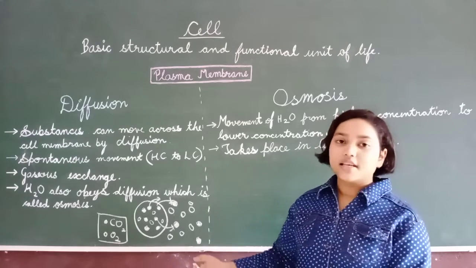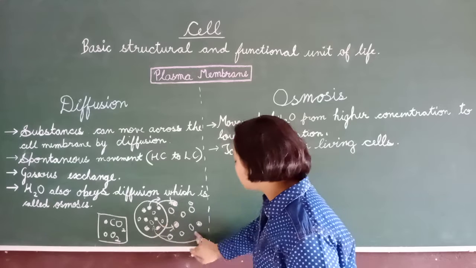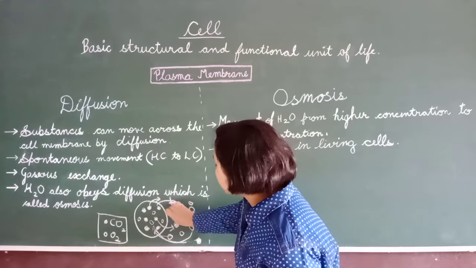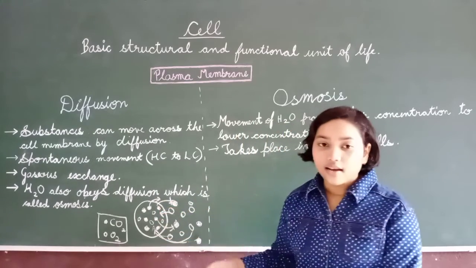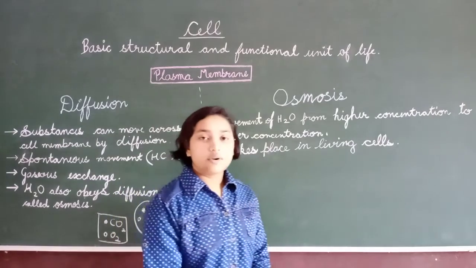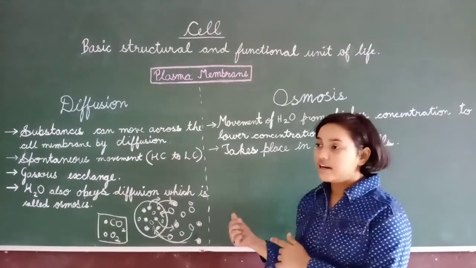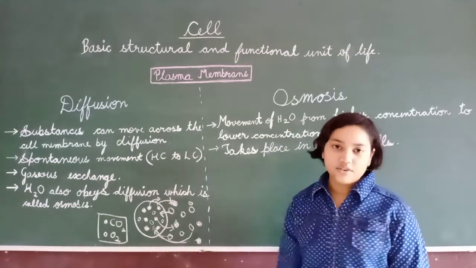To fill these places, the oxygen molecules come inside the cell. Oxygen molecules will come inside and carbon dioxide molecules will go outside, because carbon dioxide is a waste which is thrown out of our body, often by our individual cells. This is the process called diffusion.